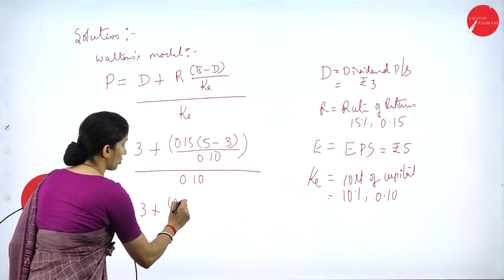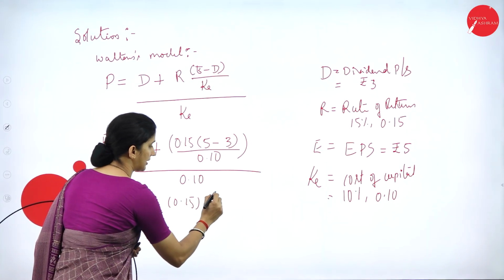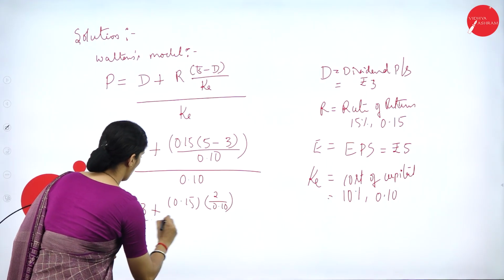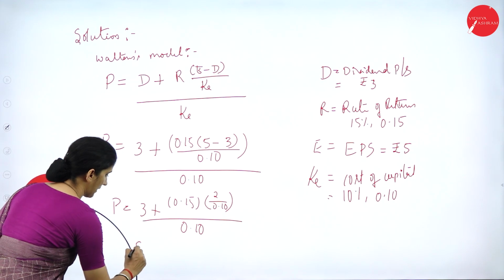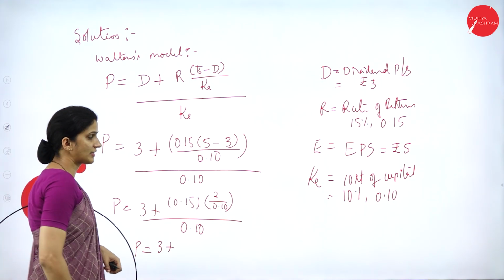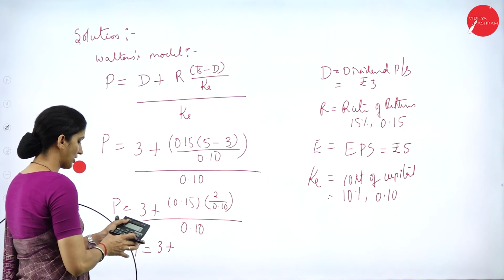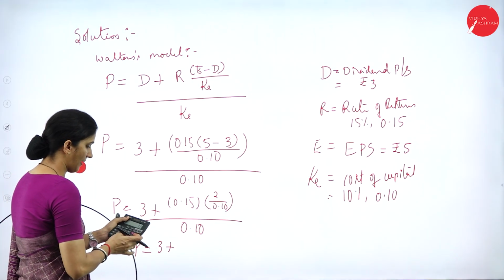So 0.15 into 5 minus 3, that is 2 divided by 0.10, whole thing divided by 0.10. Next, P is equal to 3 plus 2 divided by 0.10 into 0.15.